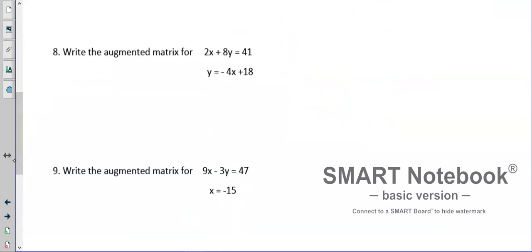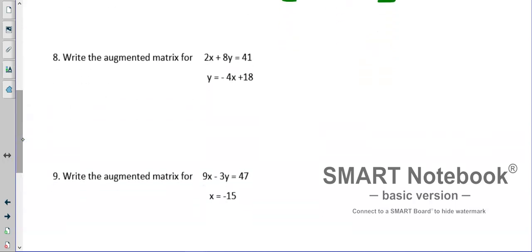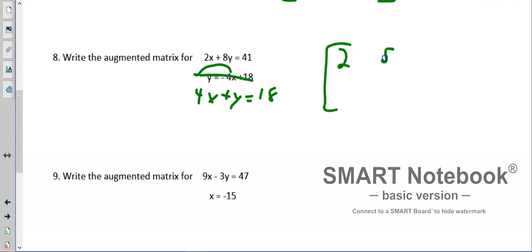Now, remember though, on this one, my x, y's, and numbers were already lined up. On this one, we have to do the step we learned at the beginning. Rewrite this as 4x, positive when we move it over, plus y equals 18. At that point, we can get rid of this. Now we have it lined up, so we say 2, 8, 4, 1, 18.